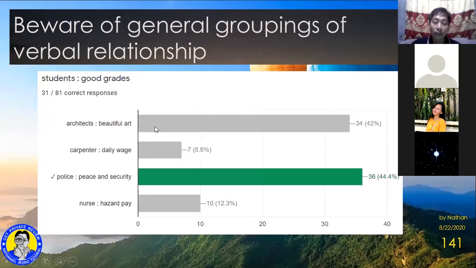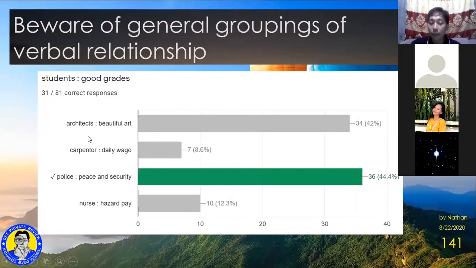It's only halfway correct because beautiful art can cover a lot of different works, not only houses or buildings. It covers paintings, sculpture, which are not part of the aim of architects.